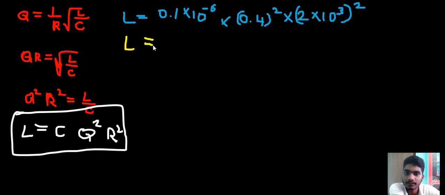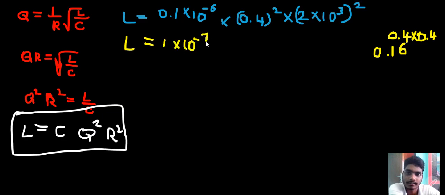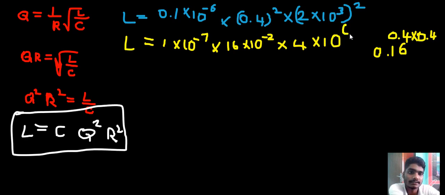So the inductance is going to be equal to 0.1 into 10 power minus 6 into 0.4 into 0.4, which is 0.16. So 1 into 10 power minus 7 into 0.16 can be written as 16 into 10 power minus 2, into 2 2s are 4 and 2 3s are 6, 10 power 6.